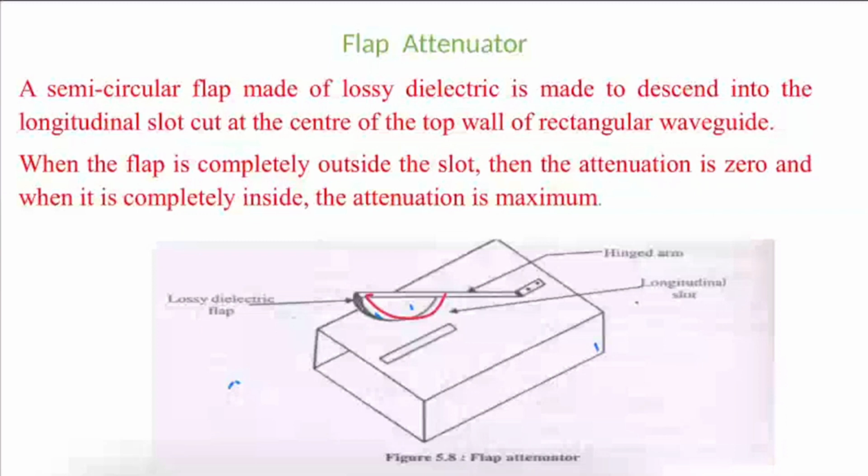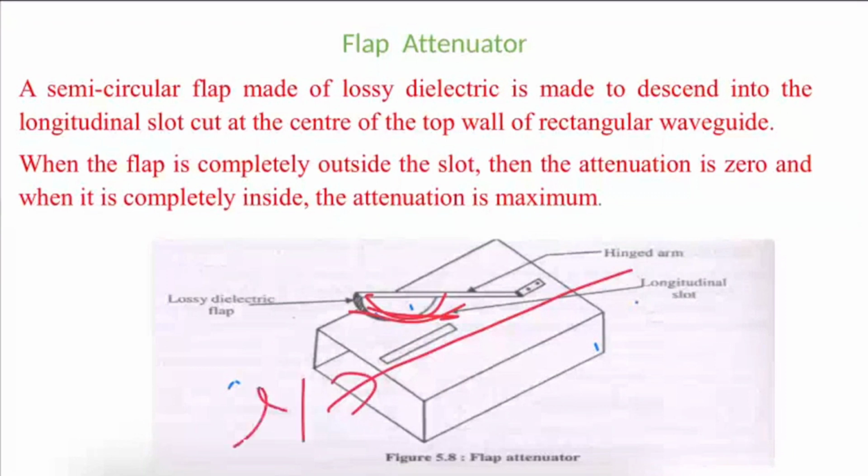So at that time, the level of attenuation of the entry of air is 0. Here also, it's the same. Whenever this flap is completely open, there is no interruption in the transmission of the signal. So whatever signal enters the input port comes out of the output port.